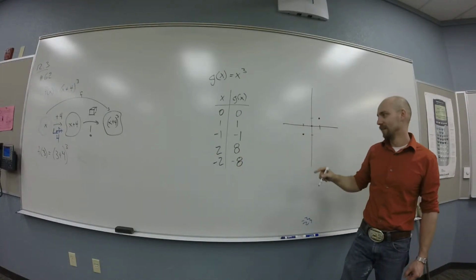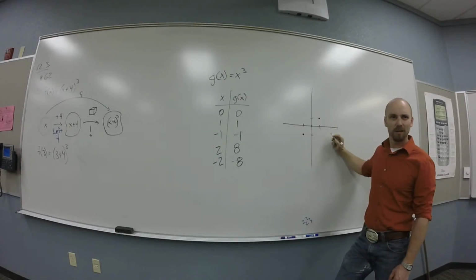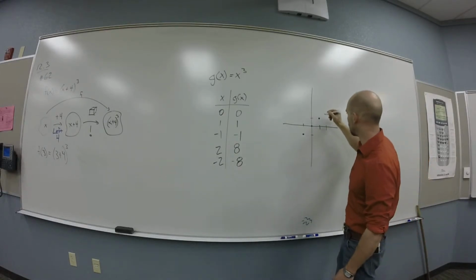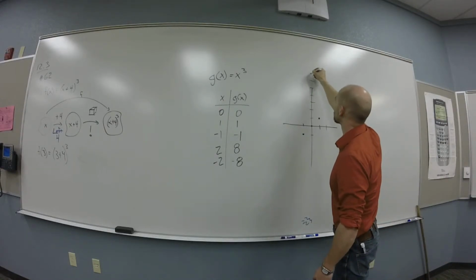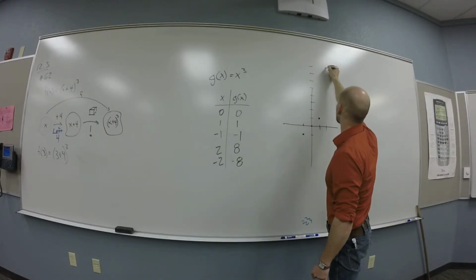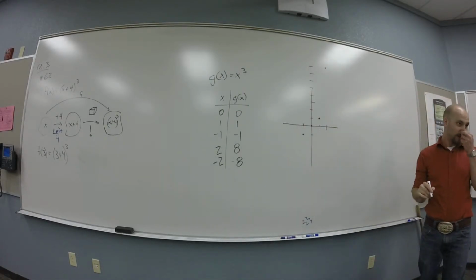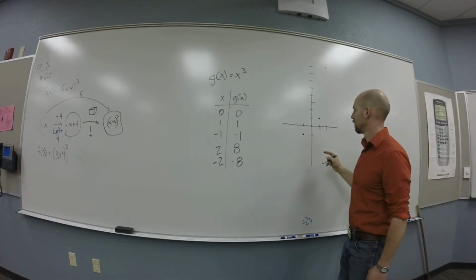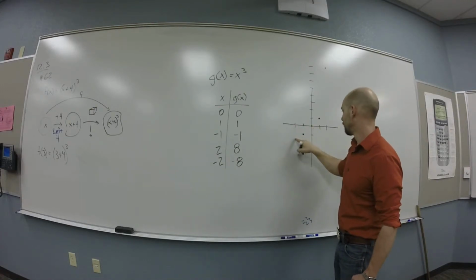But they're not. So where do I go to get 2, 8? Go over right 2, up 8. Right 2, up 8. Uh-oh. 2, 3, 4, 5, 6, 7, 8. Okay. And the other one? Left 2, down 8.